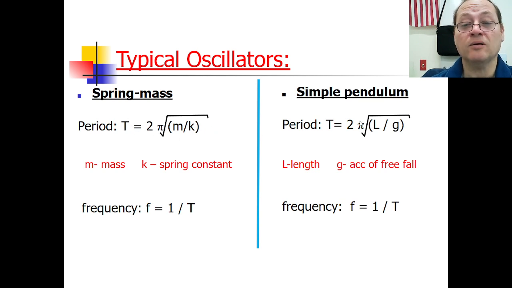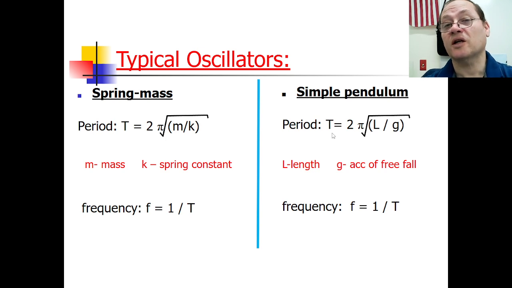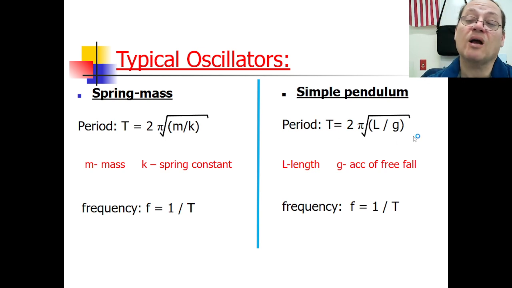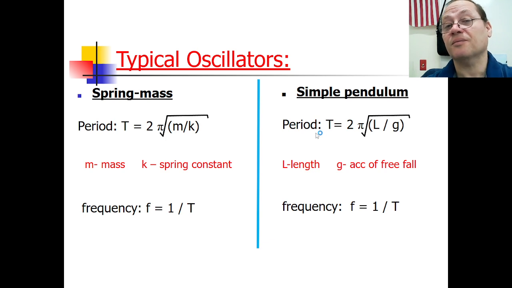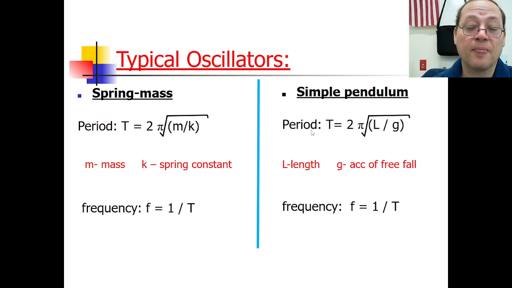In a simple pendulum, the period is proportional to the length of the pendulum and the gravitational pull of the planet. So if you increase the length of the pendulum, that will increase the period. It will take more time, right? And if you increase the gravitational pull, then that decreases the period. It's going to take less time.